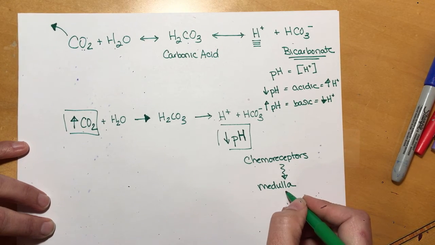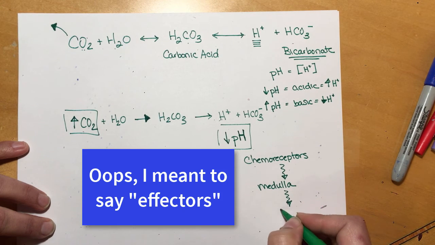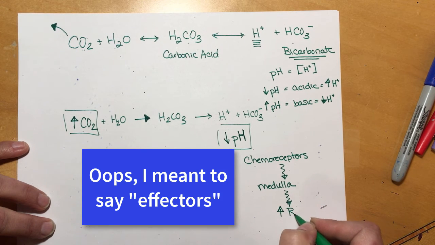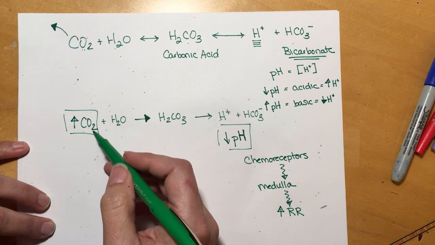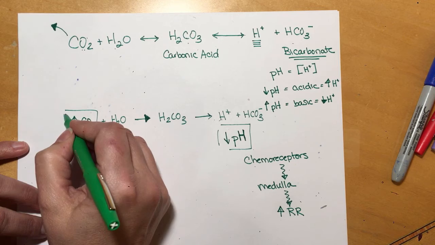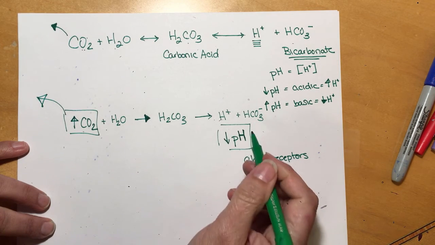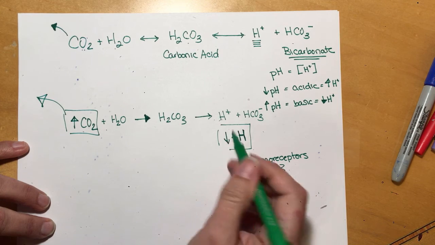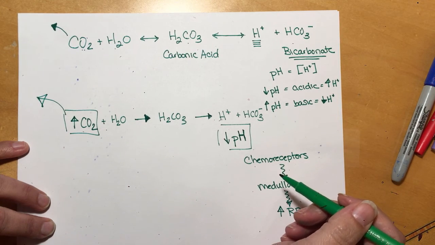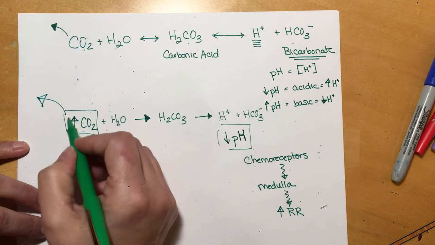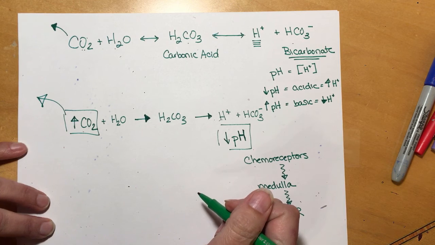The medulla is going to activate the receptors that are going to increase the respiratory rate. Now you're going to start breathing faster, and you will breathe off and excrete the carbon dioxide out, which should even out this problem. Instead of only going to the right, the equation will start to go to the left again. pH will come back up, and CO2 will go back down as it's being breathed out.